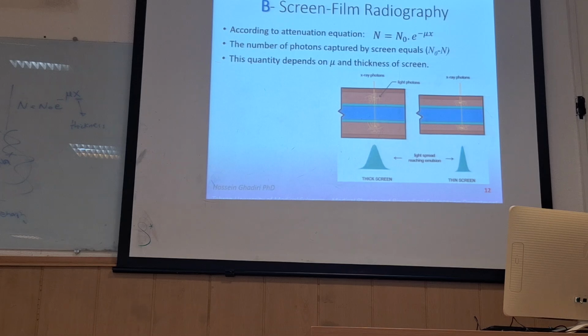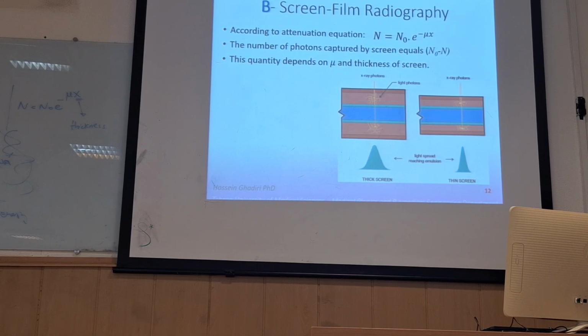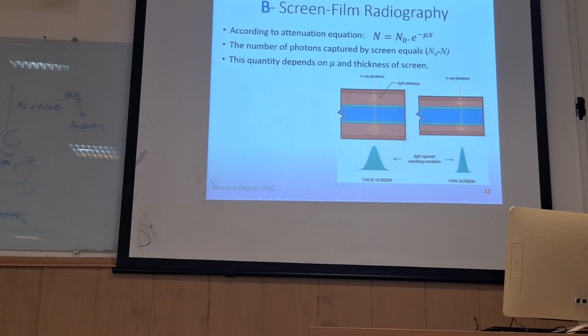It is not good. Each photon makes a large point. It means that we are losing, and the resolution is going to decrease. Resolution means seeing the fine detail in high quality fashion. But here, a small point is converted to a large area, for example a circle. It means that we are going to decrease the resolution.